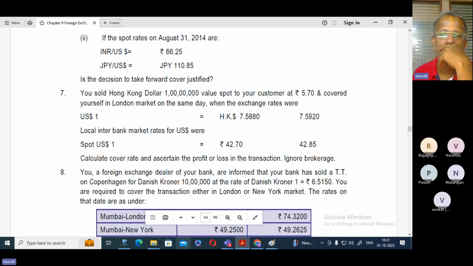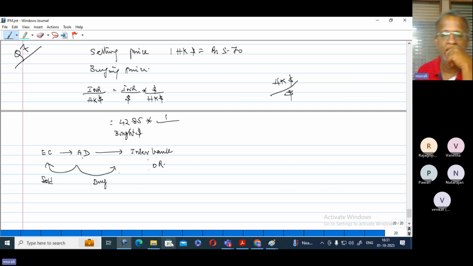Sir, we have to look at this. You told us in the formula rupees by dollar into dollar by Hong Kong dollar. Okay, sir. So you told already it is 1 by because we want the reverse quotation. Correct. So what I have done, it should have been 7.5920 because it's a reverse rate. So we have taken 1 divided by 7.5880 because we are thinking from the perspective of the banker. So we have to take the selling rate.